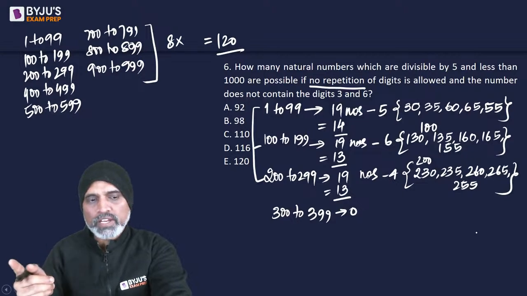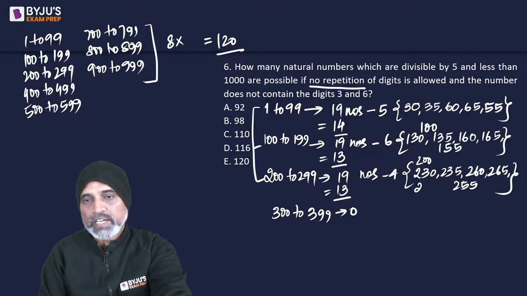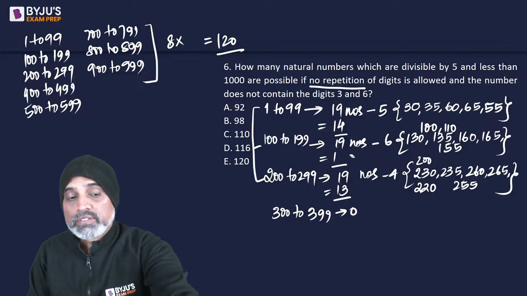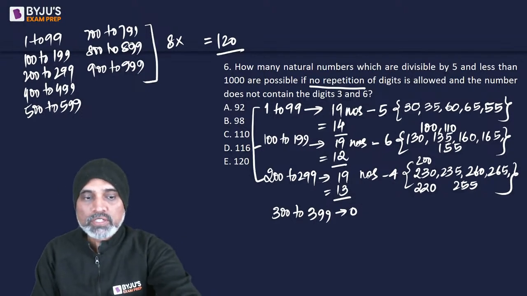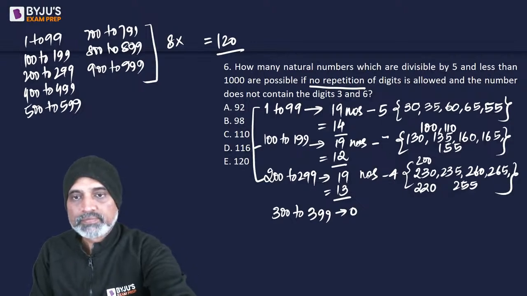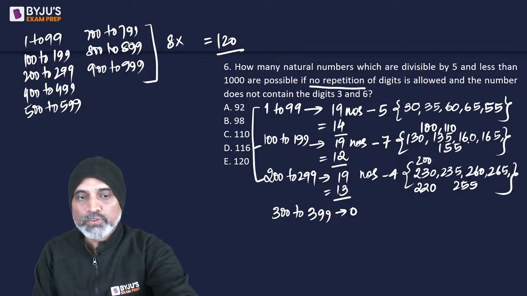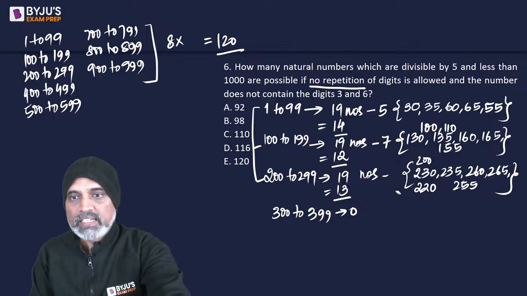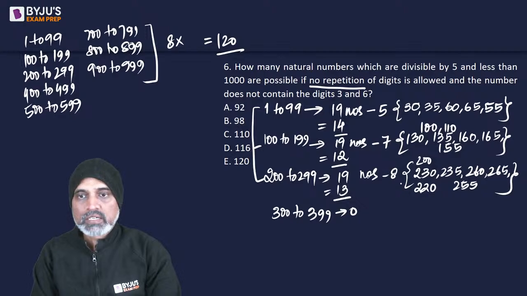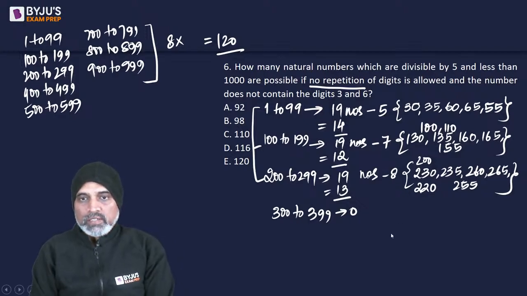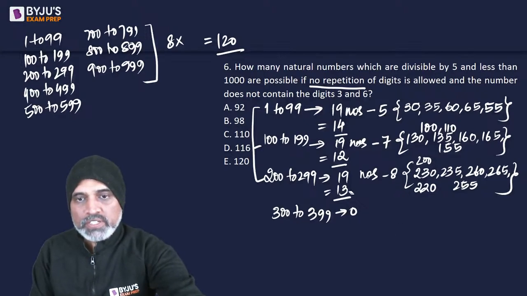Because no other value, acha, there will be a 220 also here and there will be a 110 also. So this becomes 7 less. 1, 2, 4, 6, 7. Here we will have 5, 6, 7, 8 less. So this will result in 11.